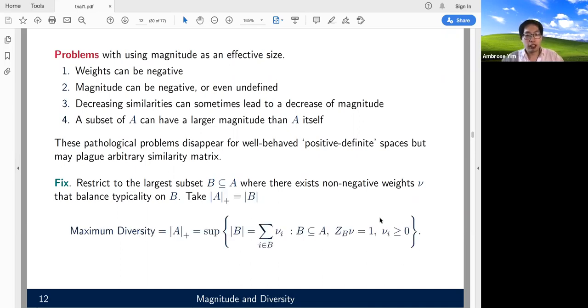And we call this object maximum diversity. I used the absolute sign of A for magnitude, but for maximum diversity, I write the absolute value of A with a plus subscript.